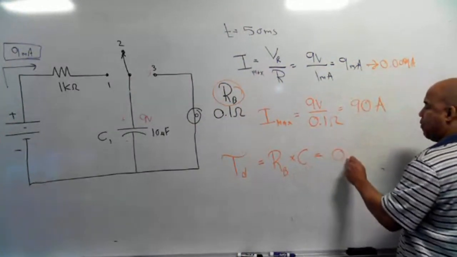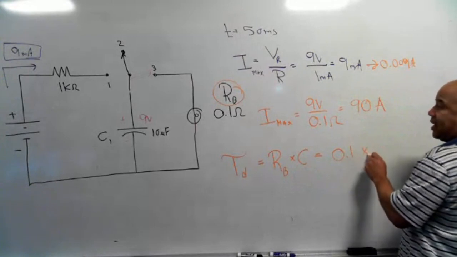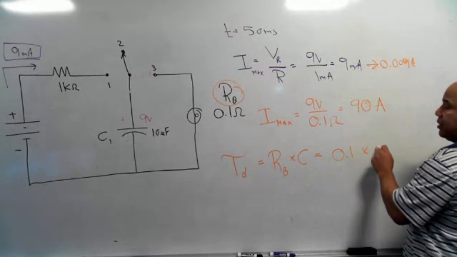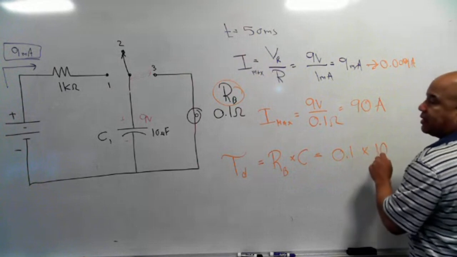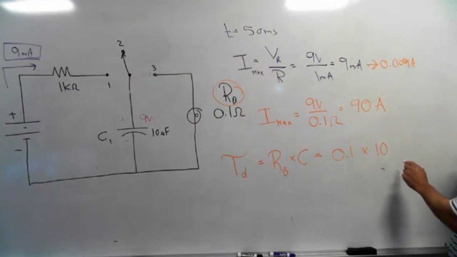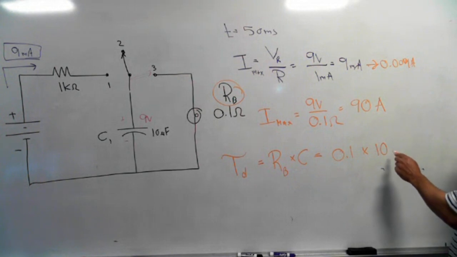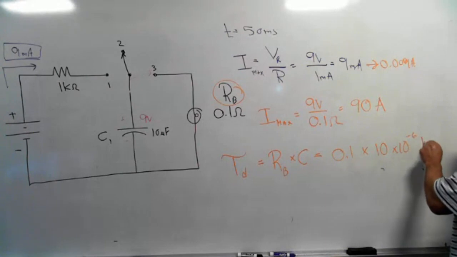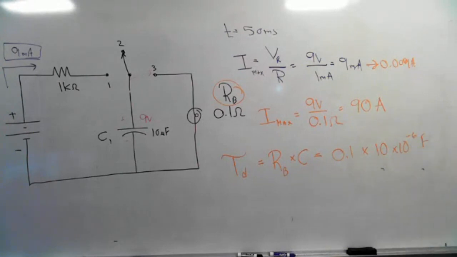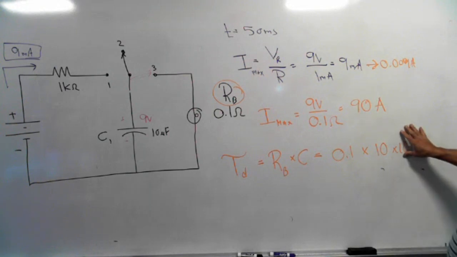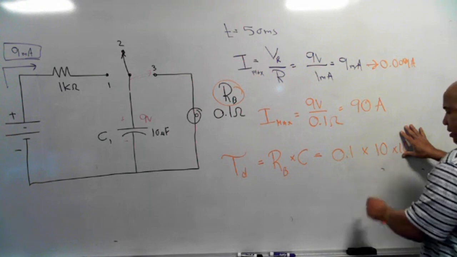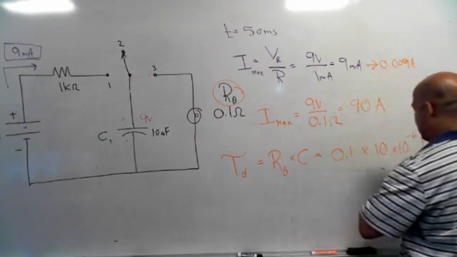So I've got 0.1 times C, which is 10 times 10 to the minus 6 farads. If I multiply 0.1 times 10, that gives me 1.